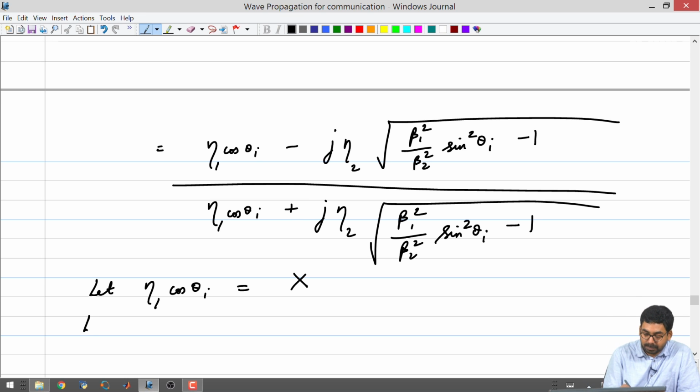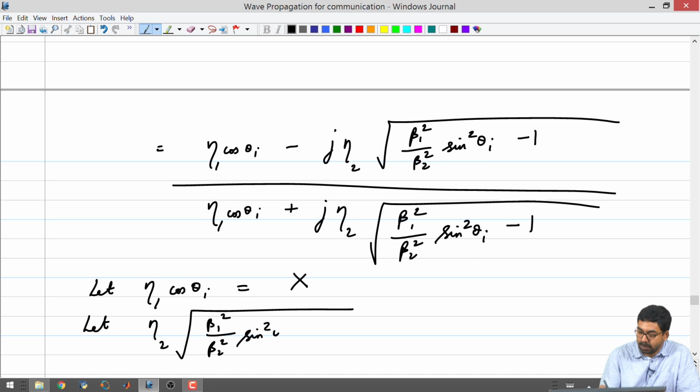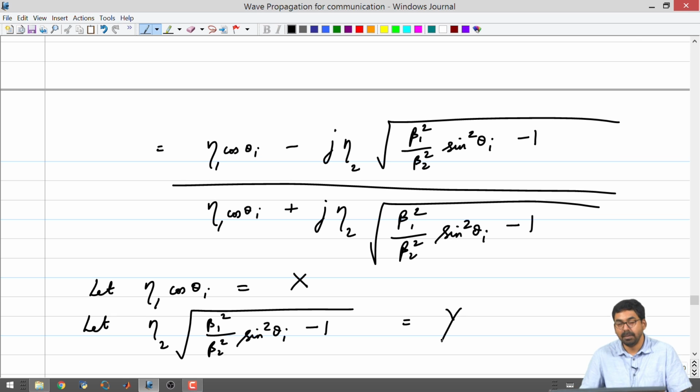Let eta 2 square root of beta 1 square by beta 2 square sin square theta I minus 1, right, be given the variable name y. Then I can write this formula in a much simpler way, okay.